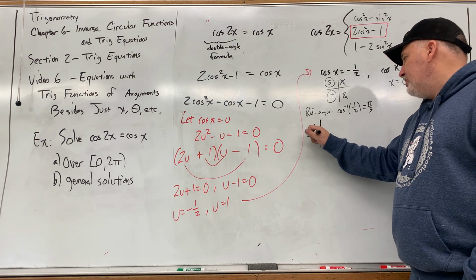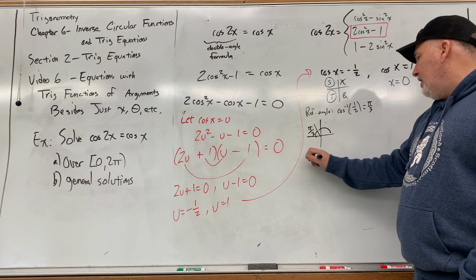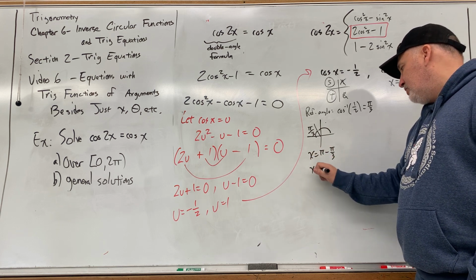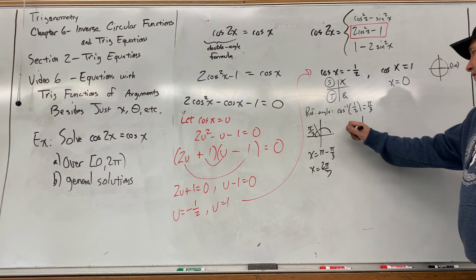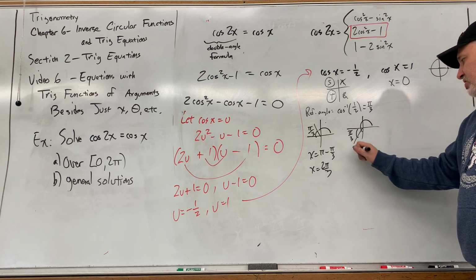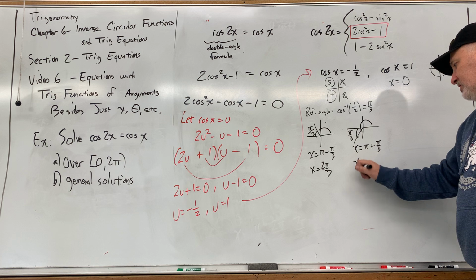If we put pi over 3 as a reference angle in quadrant 2 and measure it from standard position, then our x is going to be pi minus pi over 3. So x would be 2 pi over 3. And if we put a reference angle of pi over 3 in quadrant 3, and then measure it from standard position, then our x will be pi plus pi over 3. So x is 4 pi over 3.